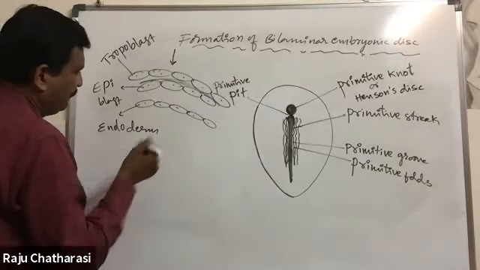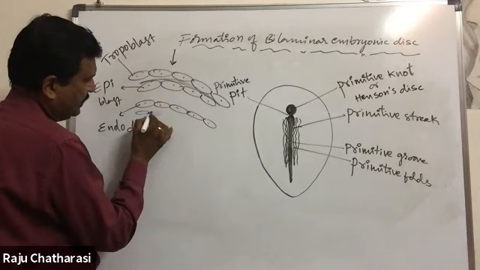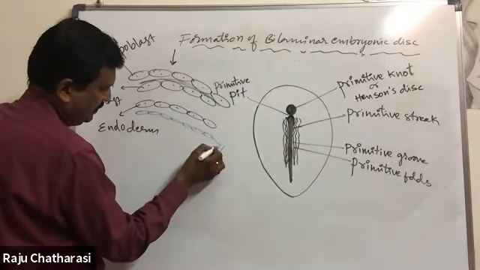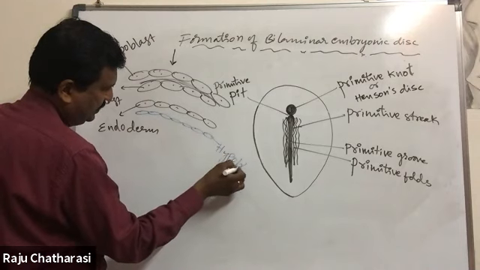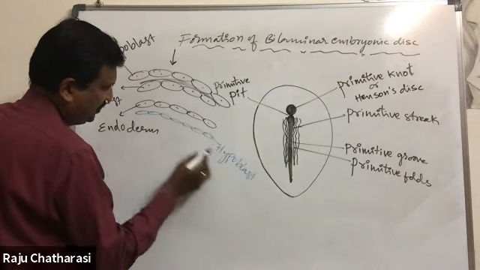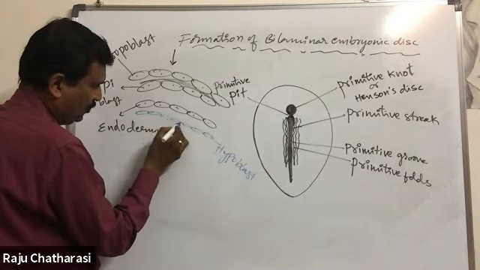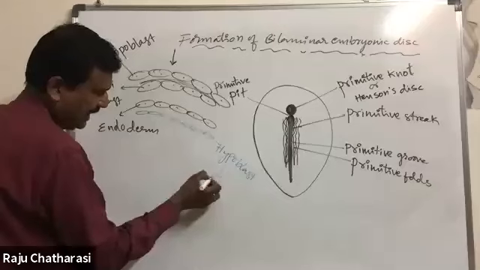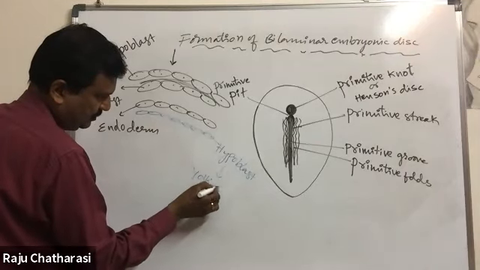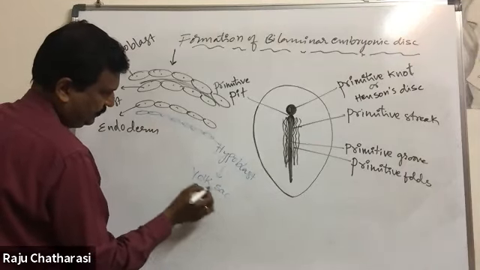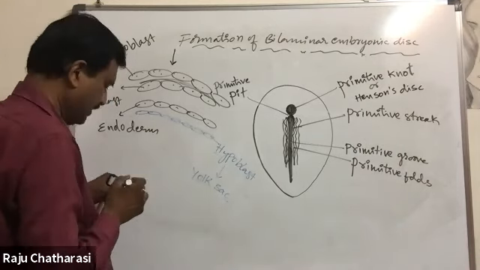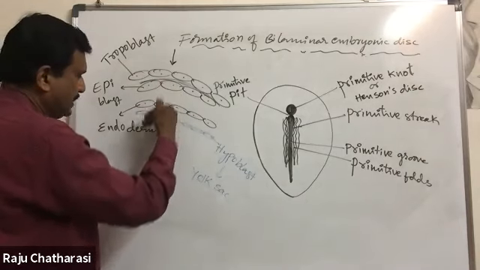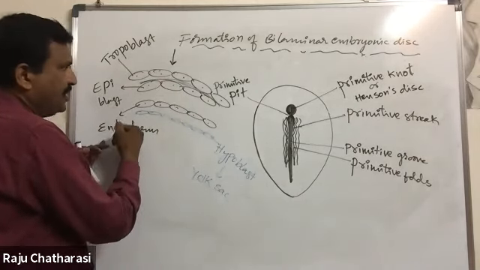See here, this layer is the hypoblast, which further develops into the yolk sac.